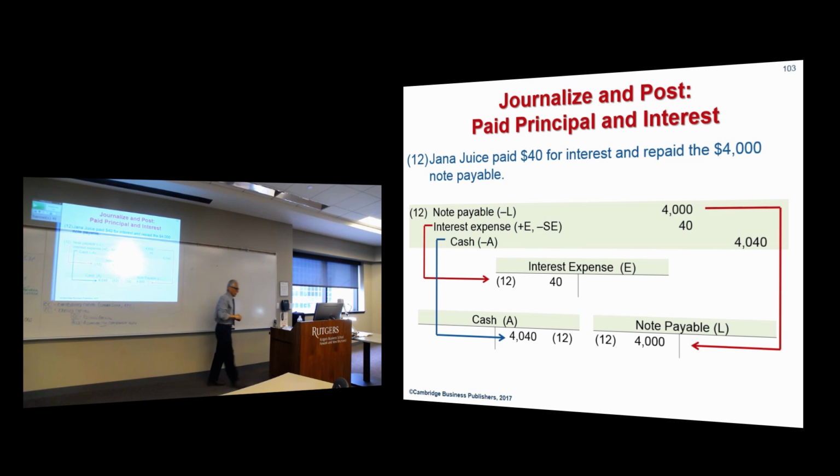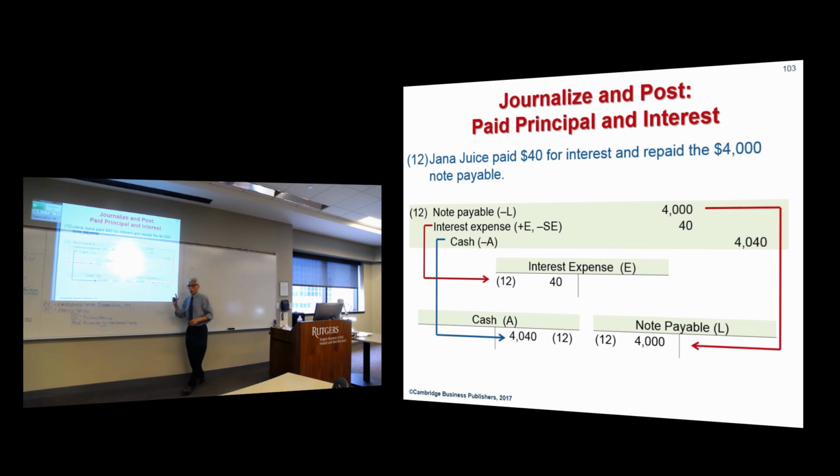One of the things that we're not showing here is that we're just showing you changes. But in this account, there was a balance of $4,000. Correct? If you borrowed the money, there was a liability sitting there of $4,000, and it has to have a credit balance. So the balance of the debt was $4,000, and when you paid it off, you debit that account, and now, of course, it goes to zero.